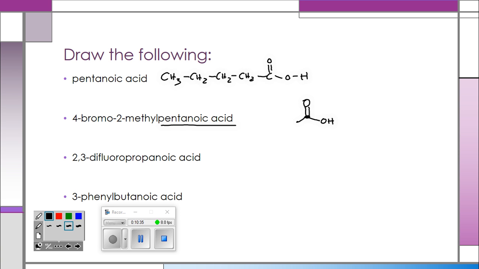So that's 1, 2, 3, 4, 5. That's what pentanoic acid as a line diagram would look like. And then I just need to add my branches. Since it says 2-methyl, this is carbon number 2, so there's my methyl group. 4-bromo, so 2, 3, 4, there's my bromine.